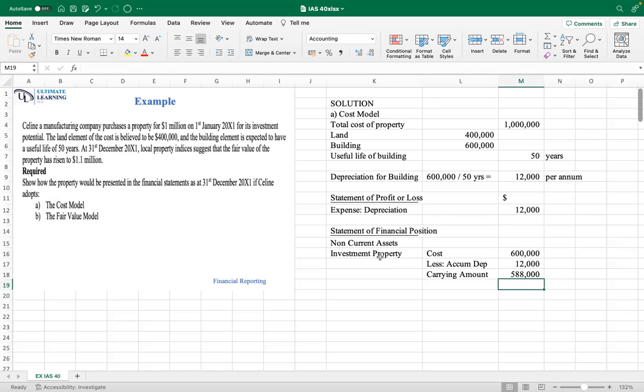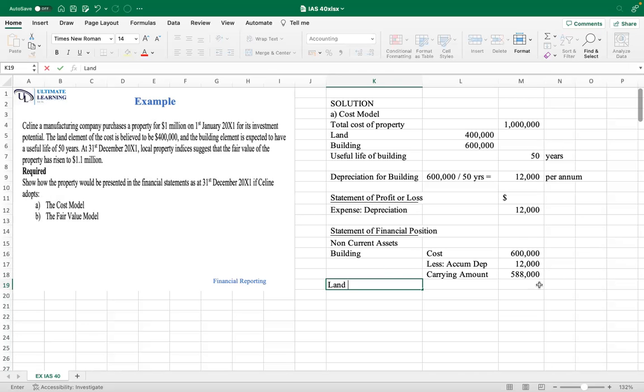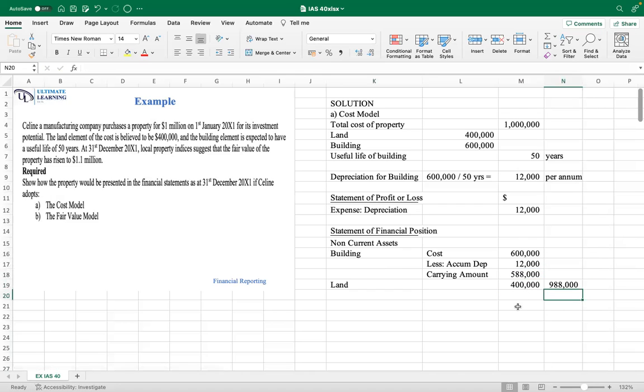However, this was investment property, but this was building. So land is never depreciated. So the value of land remains as 400,000. So the total will therefore be the carrying amount of building plus that of land. So the total value becomes 988.